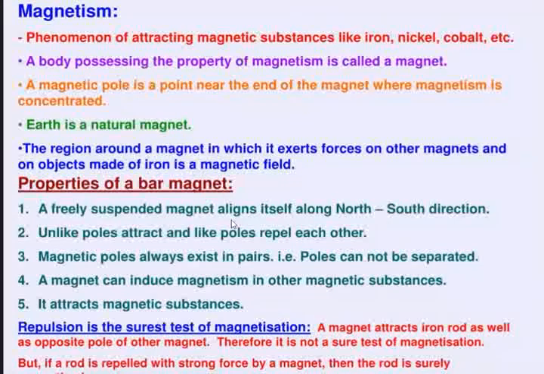This is called induction. So magnetism can be induced in a magnetic substance like nickel, iron and cobalt. A magnet attracts magnetic substances like iron, nickel and cobalt, but it cannot attract non-magnetic substances like plastic, wood, rubber.